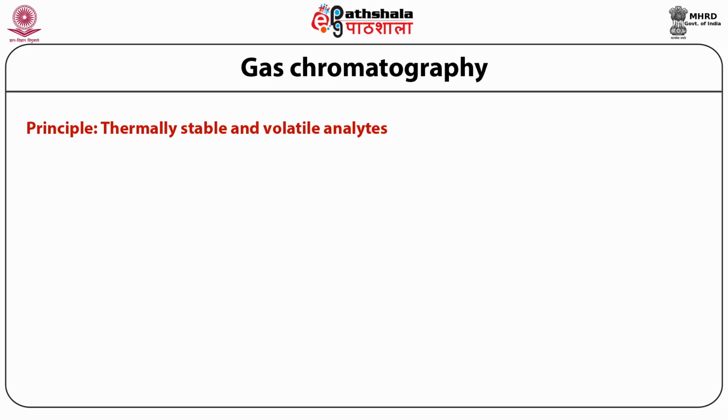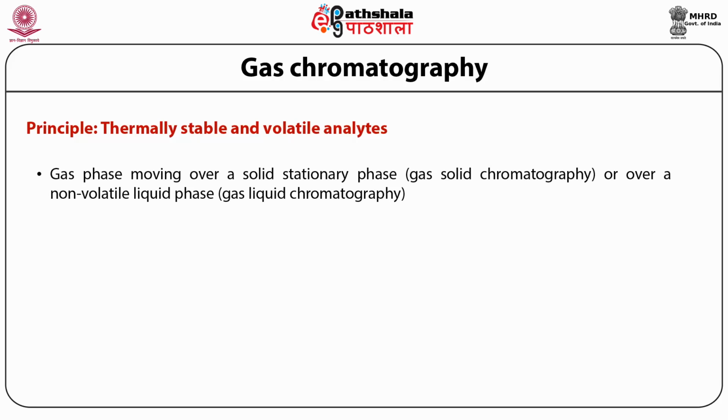Now, as I said, either it can be the gas phase moving over a solid stationary phase, in which case it is referred to as gas-solid chromatography, or moving over a non-volatile liquid phase, which is by far the more common. And so all that we shall discuss subsequently will be related to this.